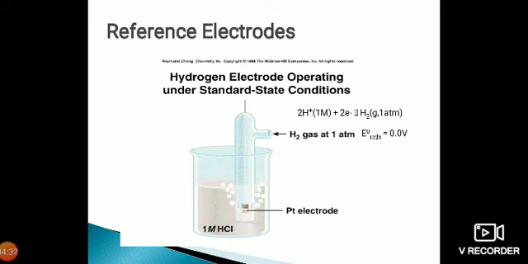For oxidation, H2 gives rise to 2H+ + 2 electrons. For reduction, 2H+ + 2 electrons give rise to H2. The EMF of this standard hydrogen electrode is arbitrarily given a value of 0 volt at all temperatures.